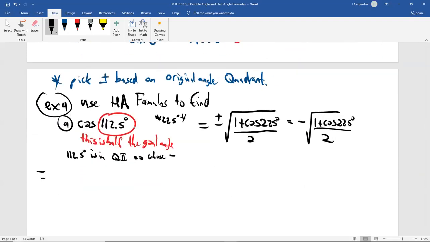Going down here, cosine of 225 degrees, you could use a reference triangle if you need to build that up. So 225 would be this whole angle. That's your 225 degrees, so the reference angle we need to build would be right here.